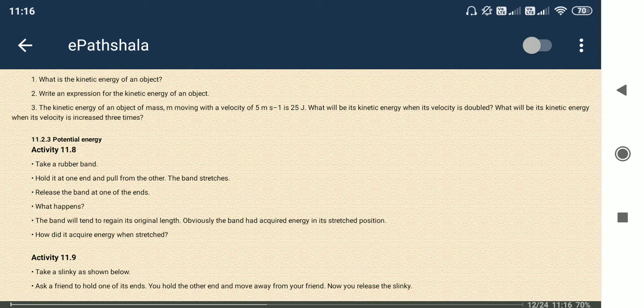When we move further above the earth, the height is increasing, and if height is increasing, then potential energy is increasing, because when we are above the earth, we can do some form of work when released.